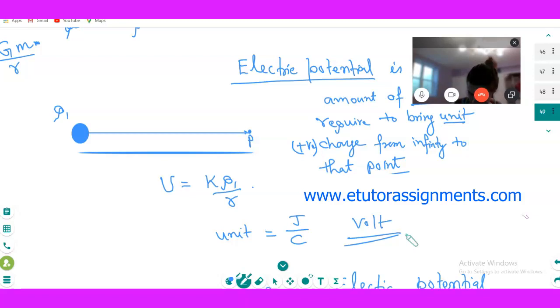So we have studied electric potential. They put V? Yes, electric potential unit is volt. No, I'm asking how they write it. Yes, capital V. And they have written U here.